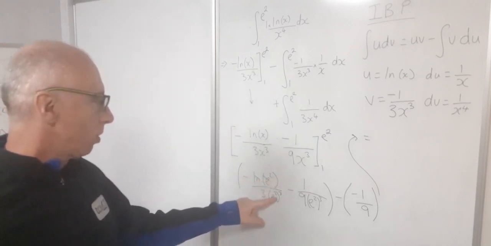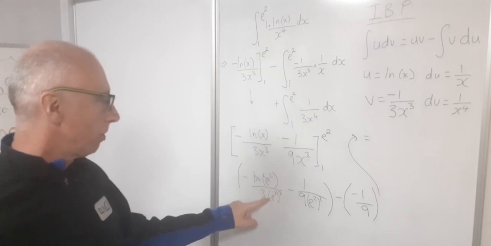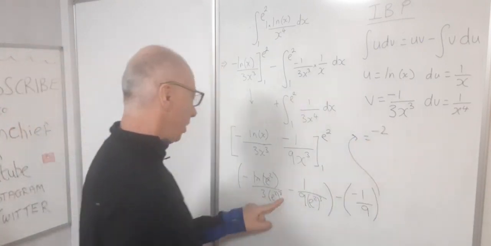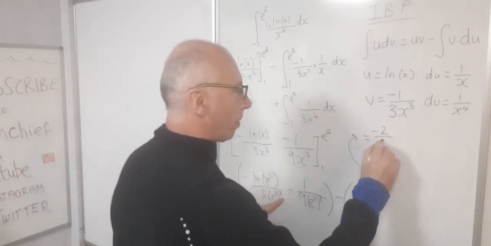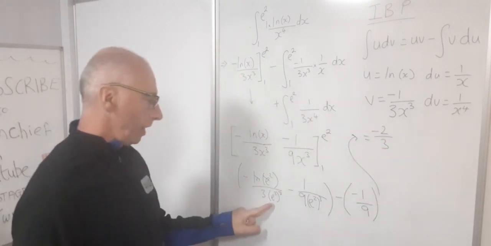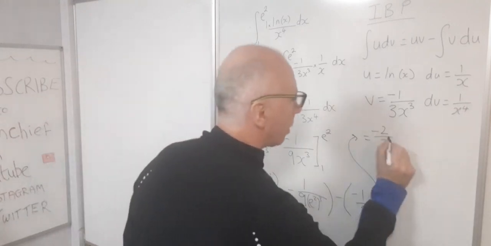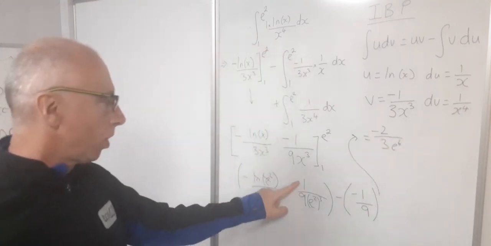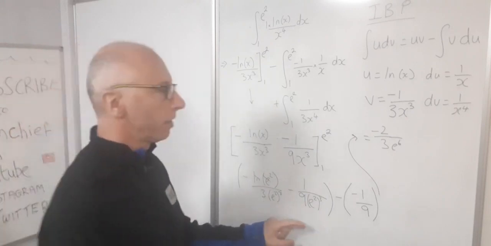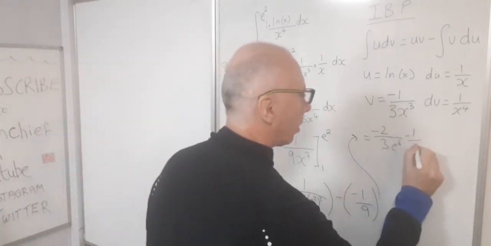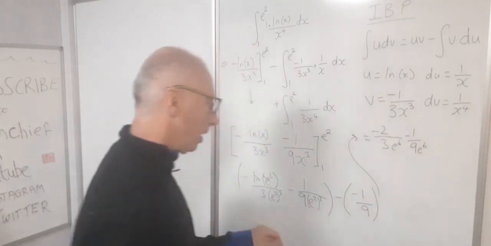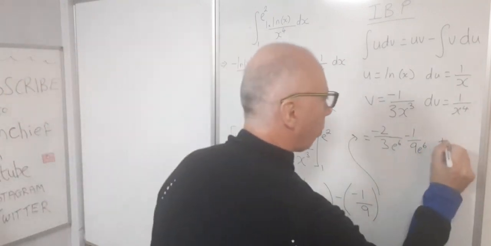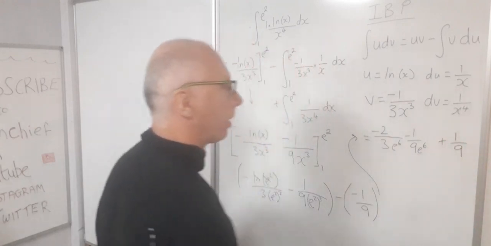Then 3 times e squared cubed is just going to leave me with 3e to the 6. Minus 2 over 3, and then that's e to the 6. And then here I've got minus 1/9 e to the 6th. And then minus minus 1/9 is just plus 1 over 9.